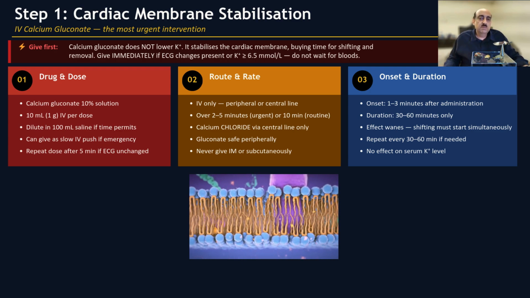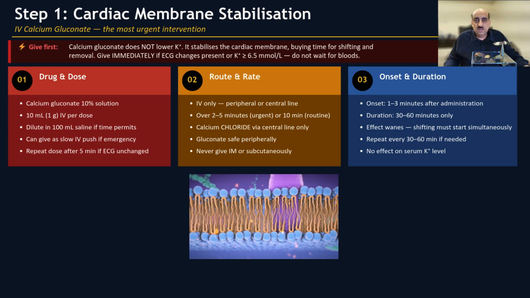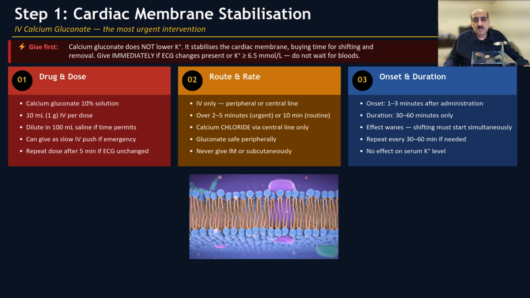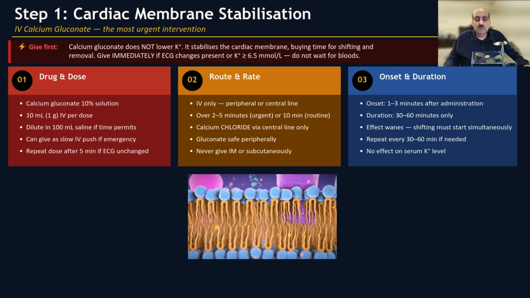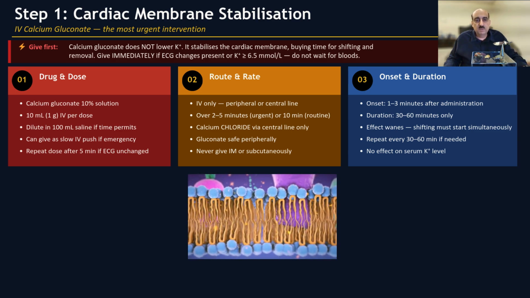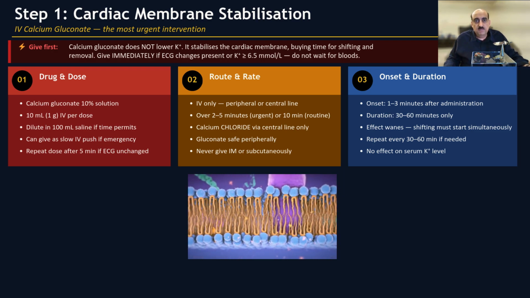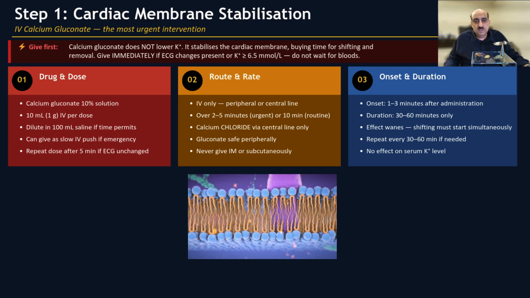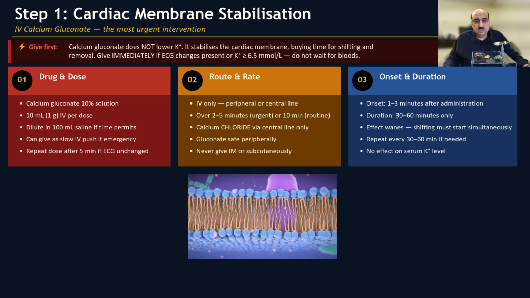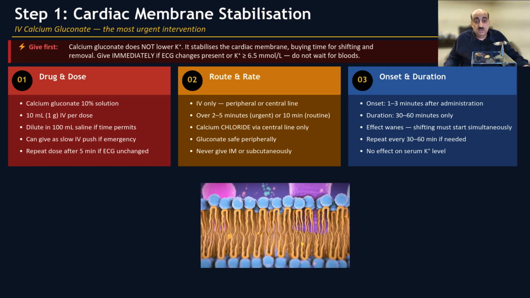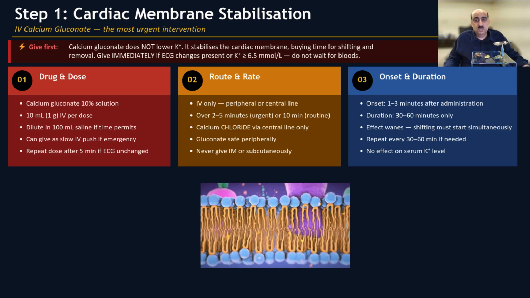The dose, remember the formula of 10. So 10 ml of 10% calcium gluconate given IV, over a slow push of around 5 to 10 minutes if time permits. You can dilute it in 100 ml if there is more time, and you have to monitor the ECG changes every 5 minutes to make sure it's working. It's only IV. You cannot give it intramuscularly or subcutaneously.